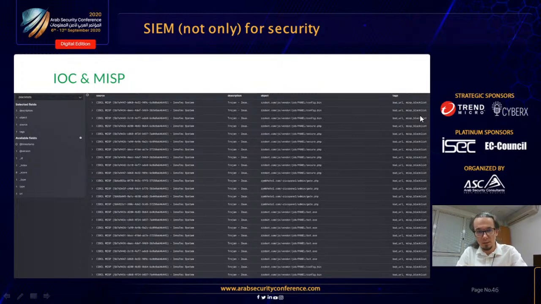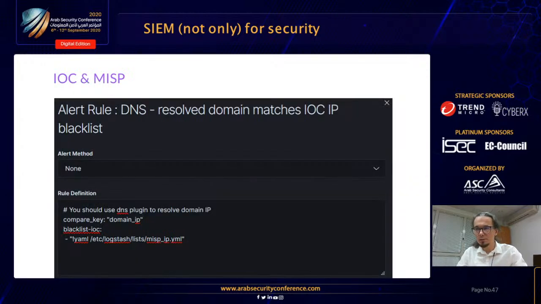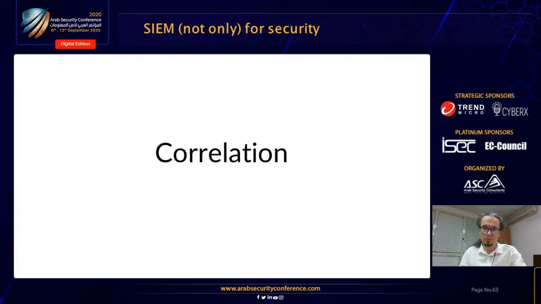MISP blacklist means that it appears on the blacklist from the MISP, and the bad URL means that it was recognized based on the URL. And the alerting for that is really simple also, where we have a dedicated method for alerting that. We are monitoring the databases from MISP, and we are comparing values from those databases to the values in the SIEM. If there is a match, then of course we have a problem.